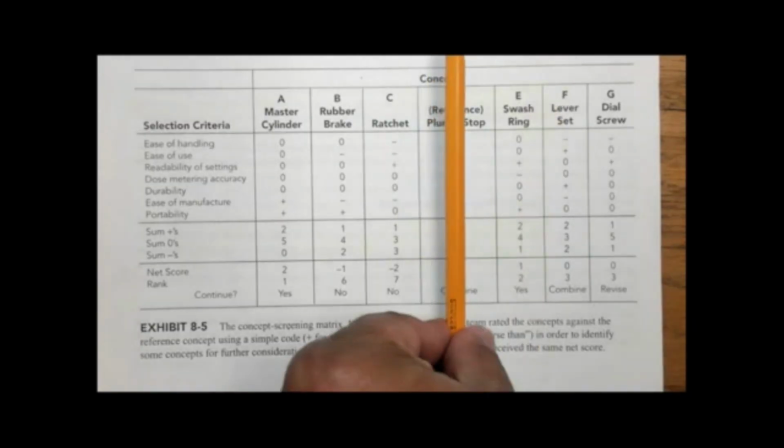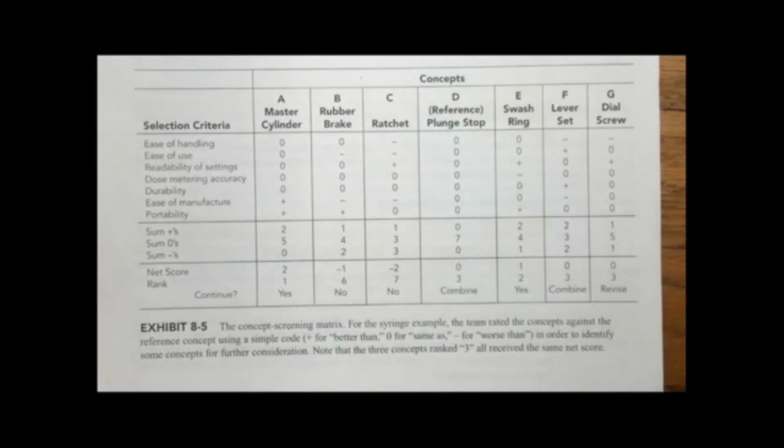And the others are new concepts. So everything is compared to D. And they're all given a score of either a plus, a minus, or a 0. A 0 score means it's comparable to D. It's no better, no worse off. A plus means it's better than. And a minus means it's worse than.